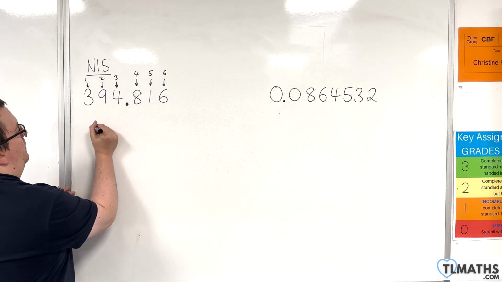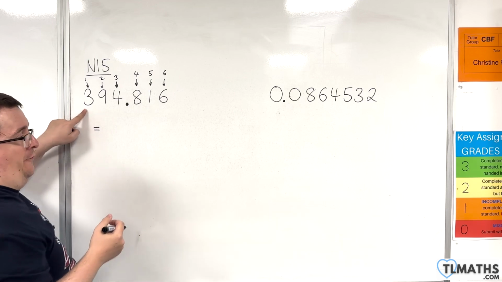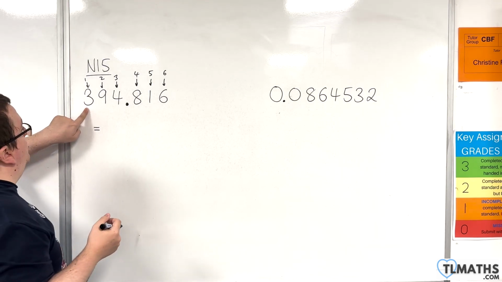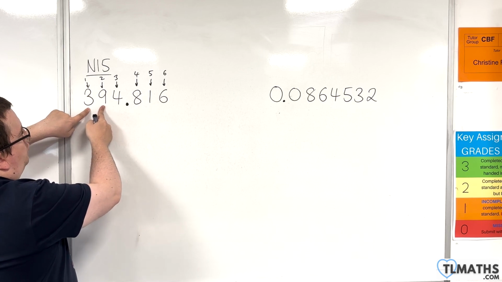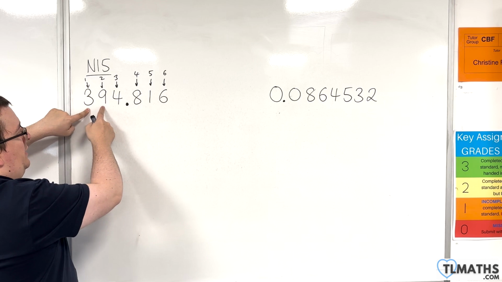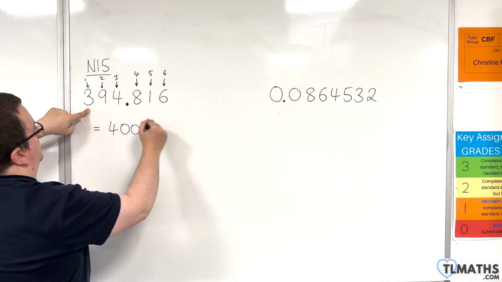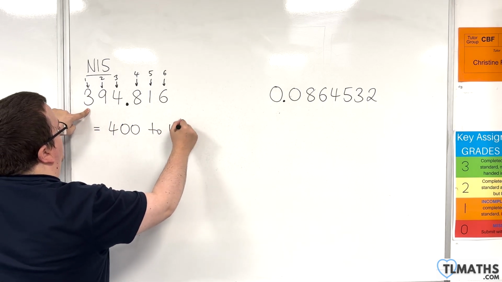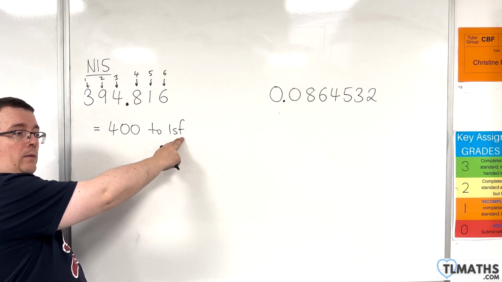So if I was to round this to one significant figure, you look at the first significant figure position, and then to the right, and that tells you whether you should round up or round down. So here, 9 is 5 or more, so you round this up. So we would round this to 400, to one significant figure, and we abbreviate it as SF.